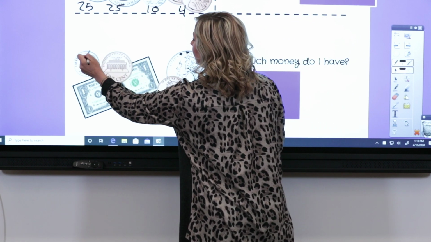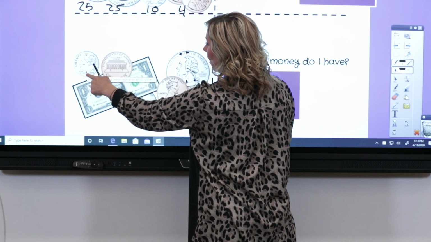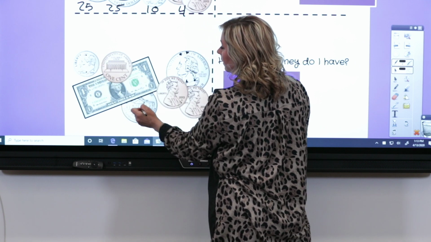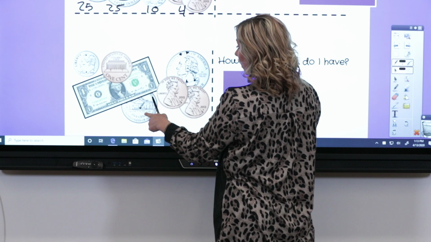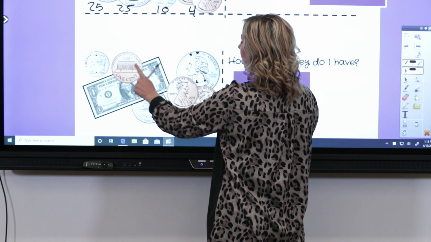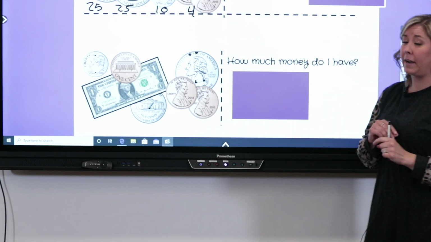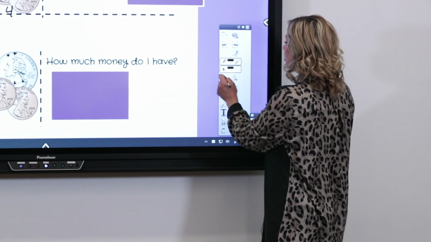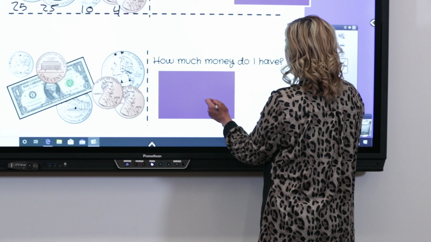My dime is 10, so that'd be 30, 35. My nickel is 5, so that's 40. So 25, 35, 40, and then 41, 42, 43. I'm counting on. So this amount should be $1.43.